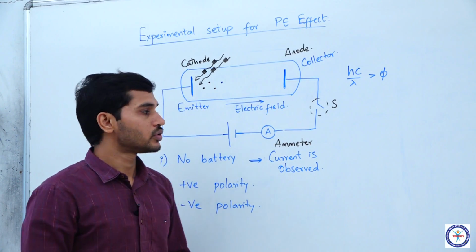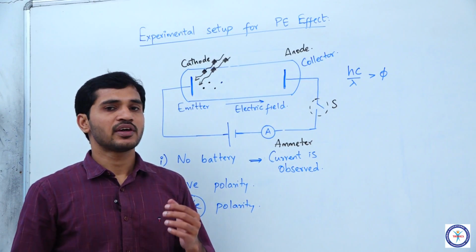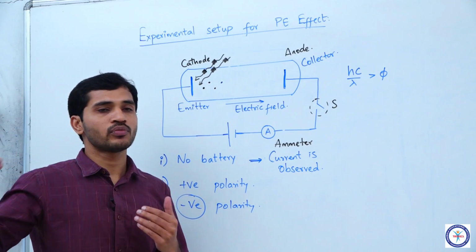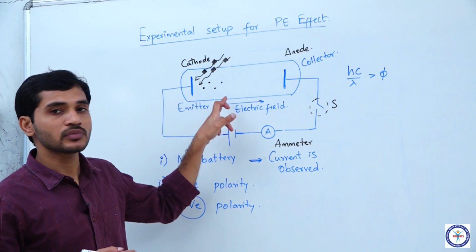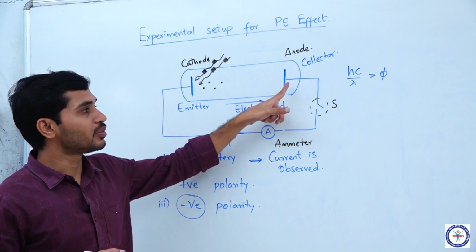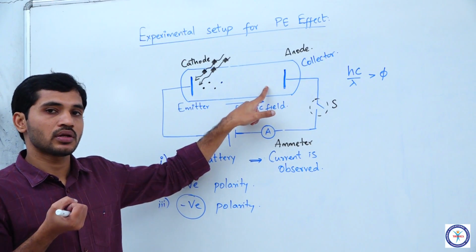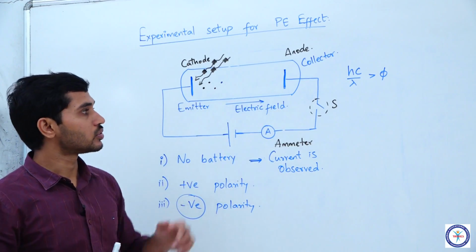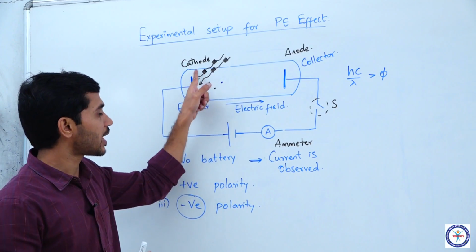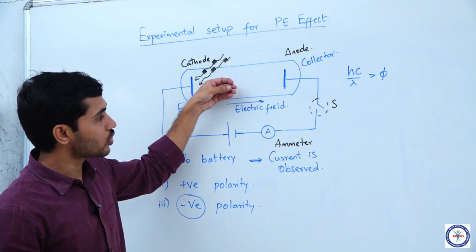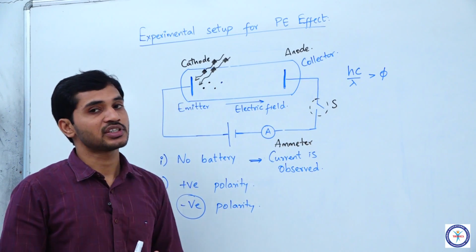So, in the negative polarity situation, if the negative polarity is made more and more, there will be a point where none of the electrons coming out from the cathode will be able to reach the anode. They might just go here and stop, because the pull backwards is even stronger. In that scenario you will observe zero current. Even though the photoelectric effect is happening here, those photoelectrons are not reaching the anode, so you can't observe a current established in that circuit.